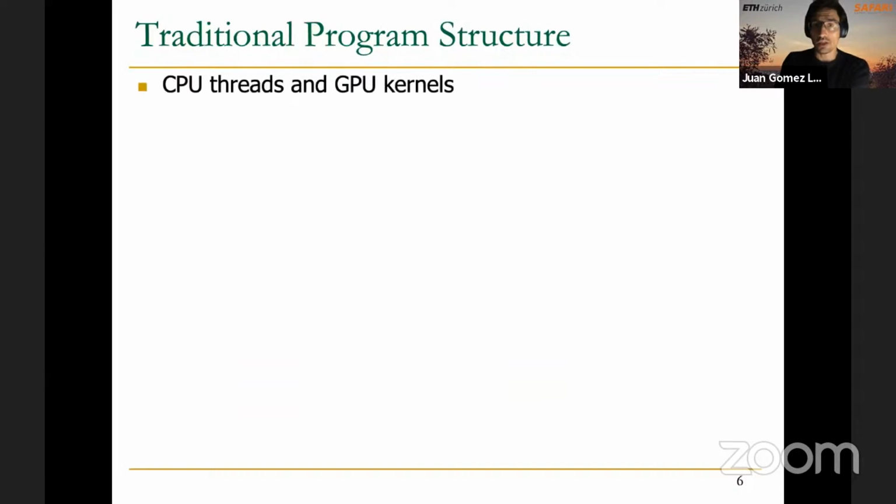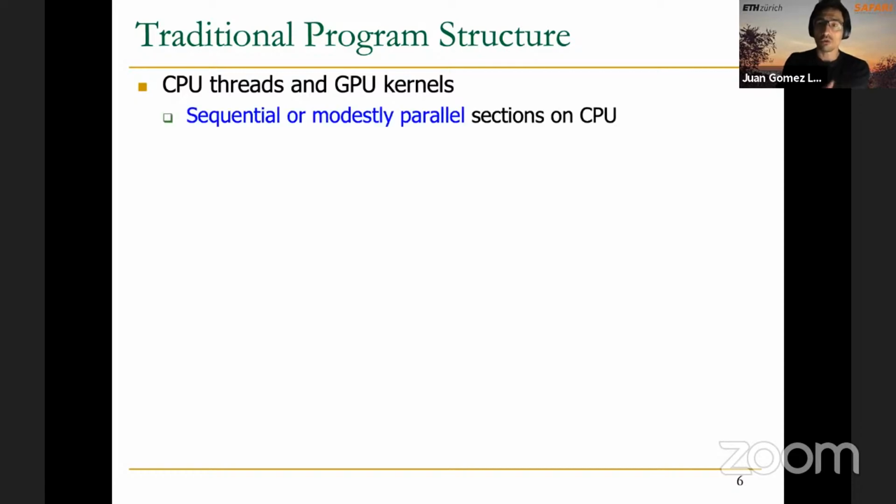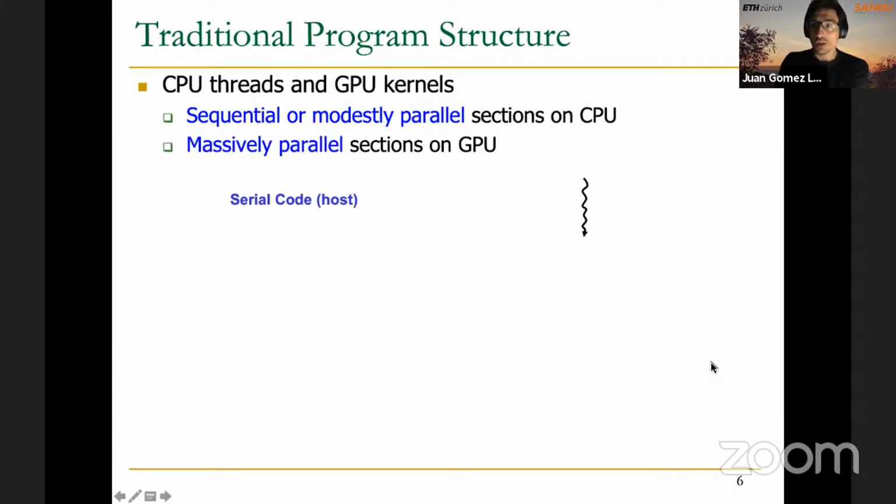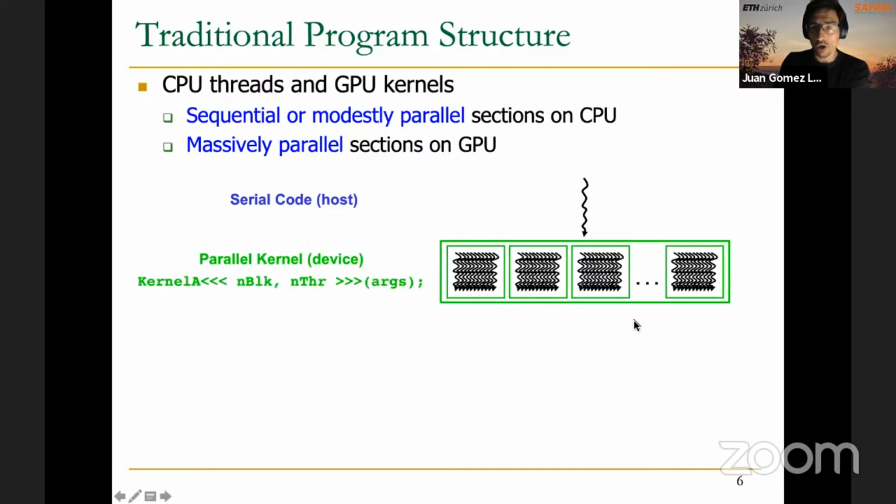So if we take a look at the traditional structure of a heterogeneous program using CPU threads and GPU kernels, what we will normally do is computing sequential or modestly parallel sections of code on the CPU side and massively parallel sections on the GPU. In the very beginning, we will have execution on only a single thread or just a small number of threads on the host, on the CPU.